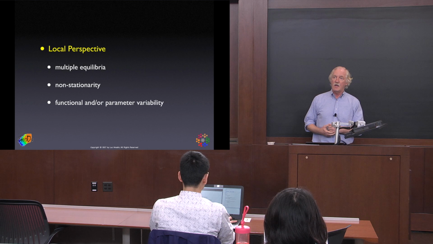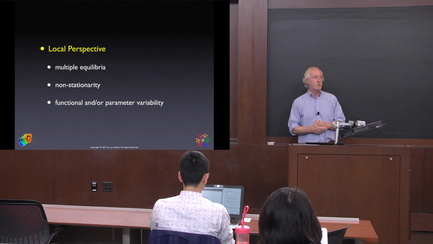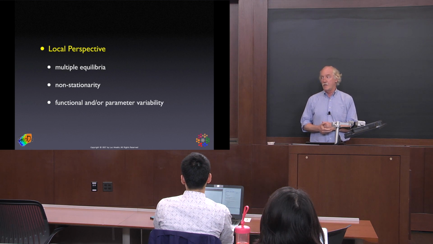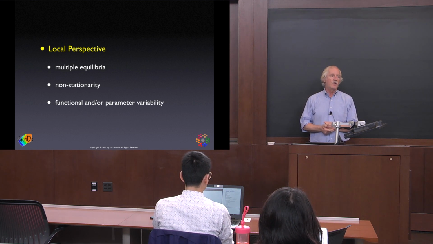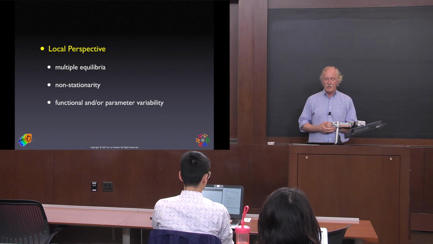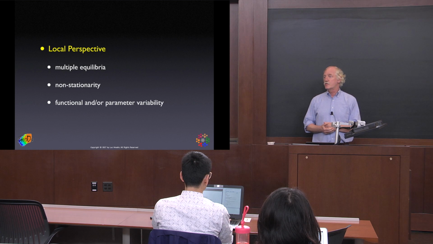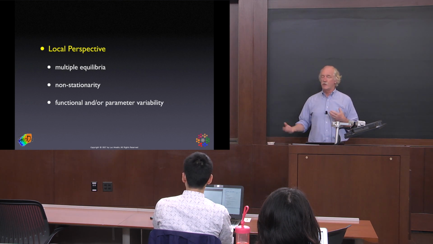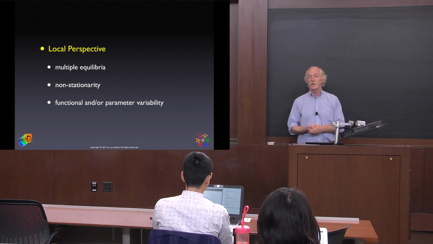At the opposite end of the spectrum is a local perspective that allows multiple equilibria, or maybe none at all, that stresses non-stationarity as opposed to stationarity, and that allows for variability in functional form or parameter values across the data set.